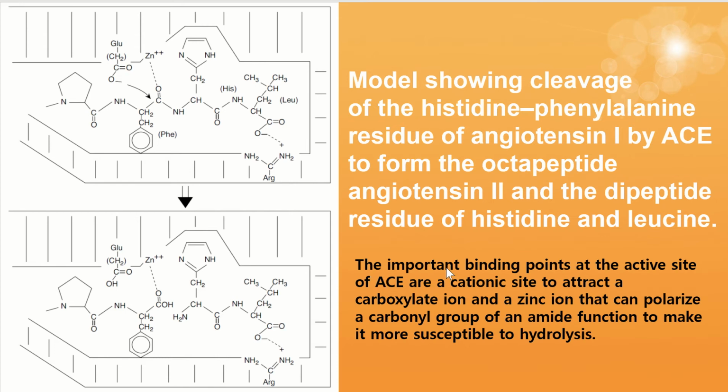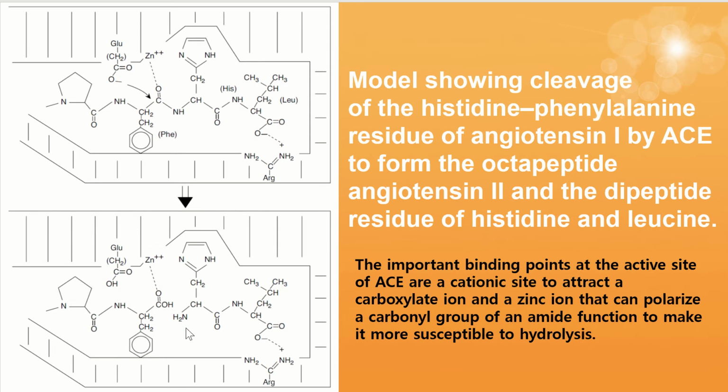And it's showing the important binding points at the active site of ACE, right? So ACE is an enzyme, which therefore means that it catalyzes a particular reaction. And the reaction that we're talking about here is the hydrolysis of this amide bond, or we might call it a peptide bond. It's an amide functional group.